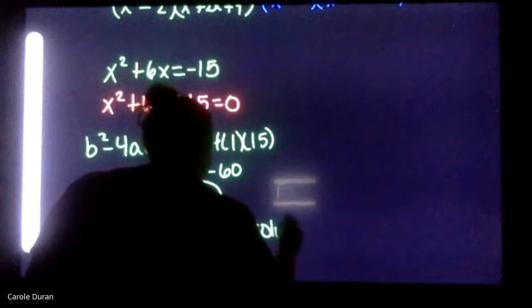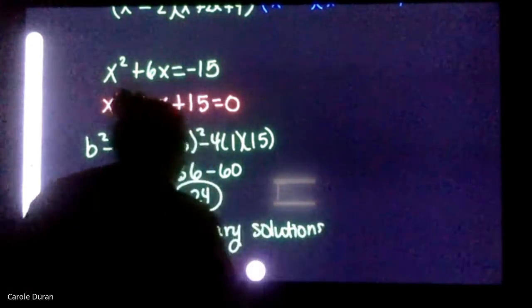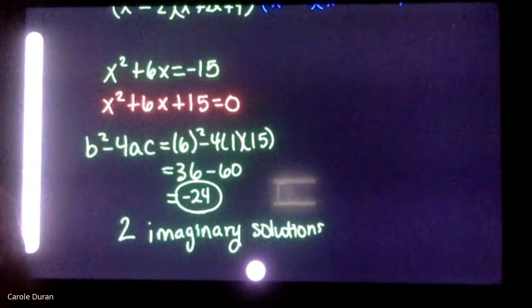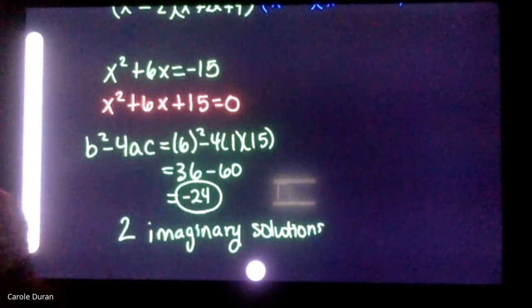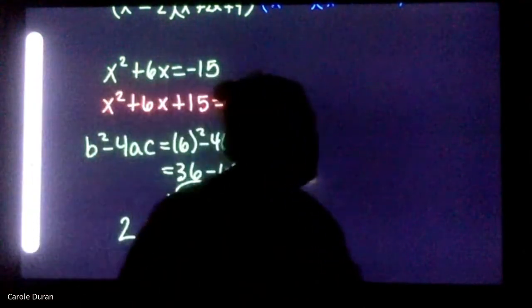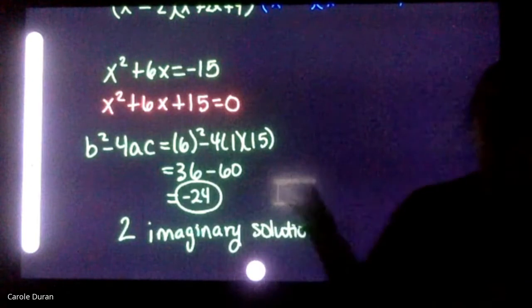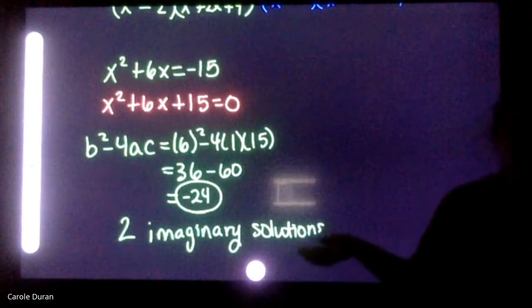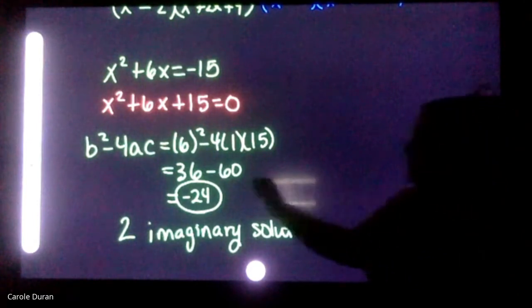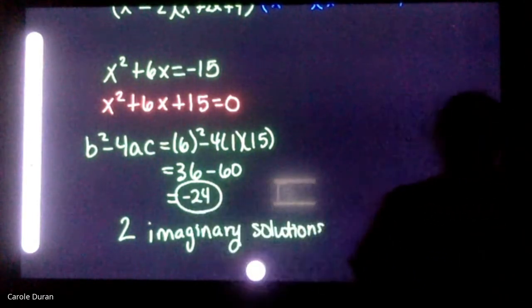Which means I expect when I do the quadratic formula that I'm going to have an i in each of my answers. Okay? So we can get 2 rational solutions, 2 irrational solutions, a double root, which is the same answer twice, or 2 imaginary solutions. Okay? So those are our options, and it all depends on what value I get from the b squared minus 4ac.